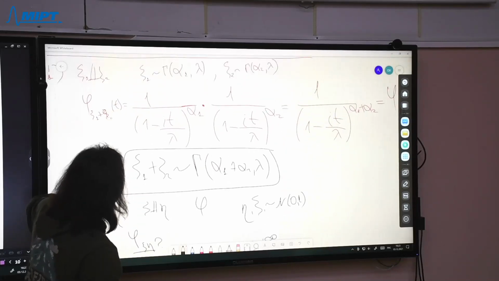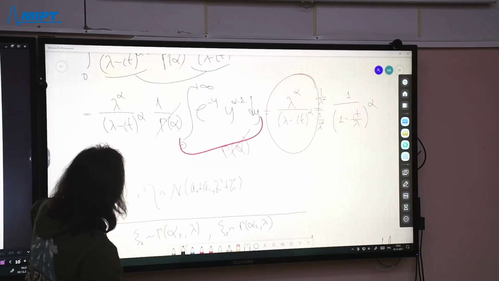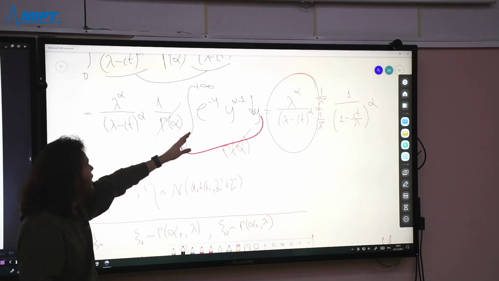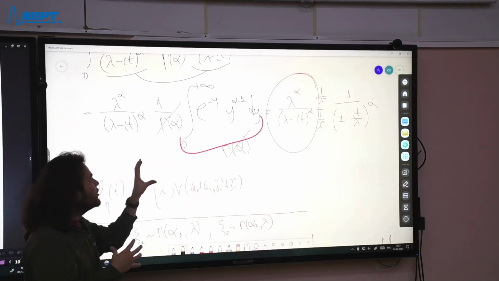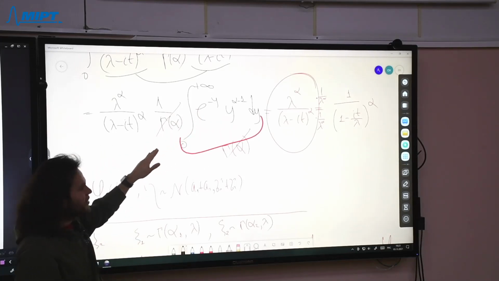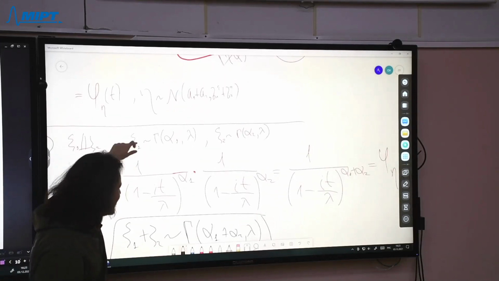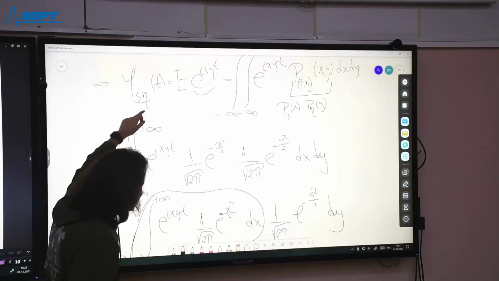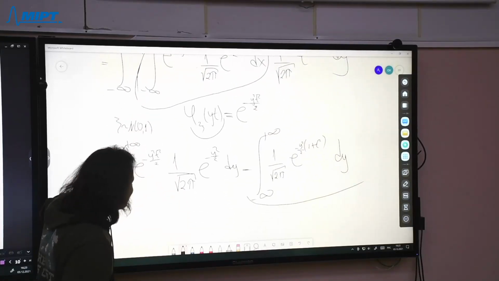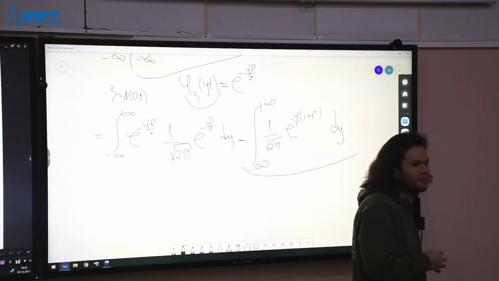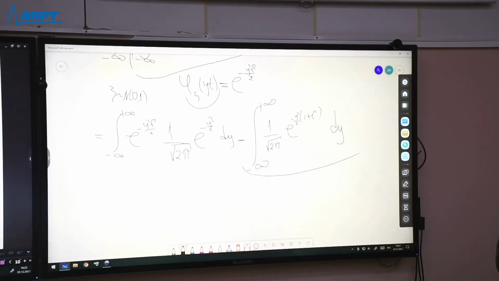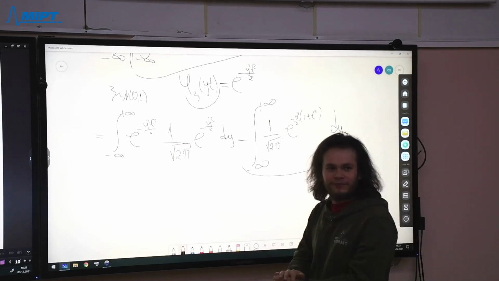Where's a good example of this? For example, here, right? So how do we know how to solve this? No idea, but we wanted to get rid of this, right? Maybe we can take the 1 over 2 pi out, so we're going to be left with e to the power of minus y squared over 2. And then what?